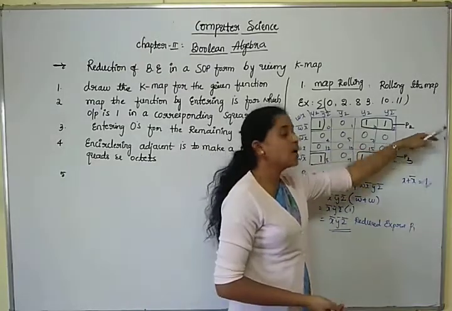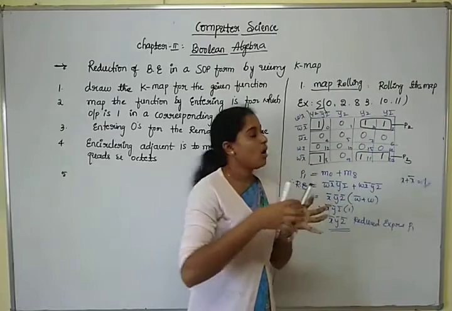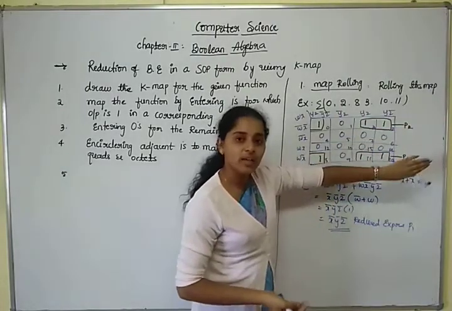In this case, let us check if there are any possibilities for making quads or octets by rolling the map.